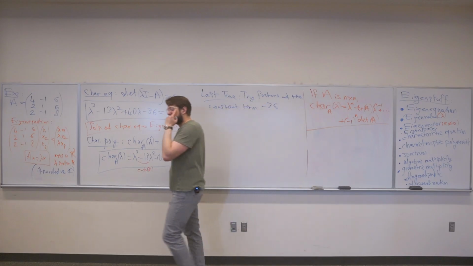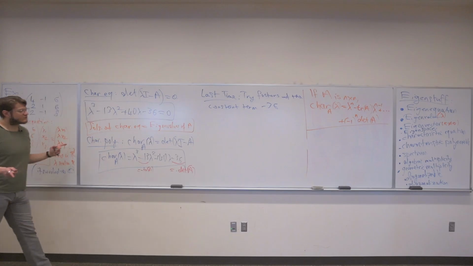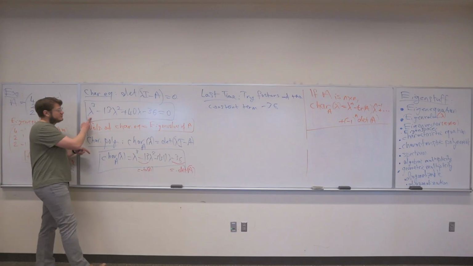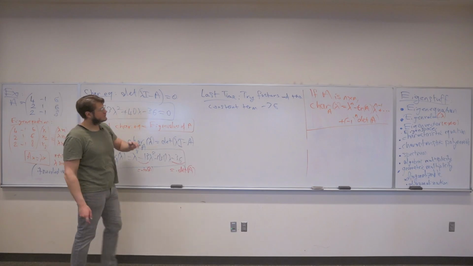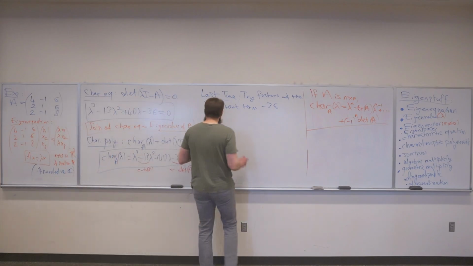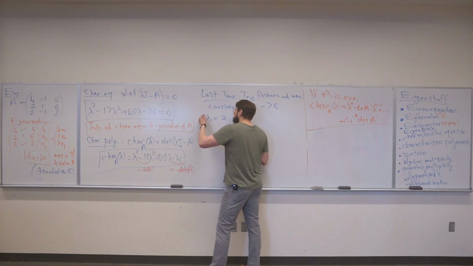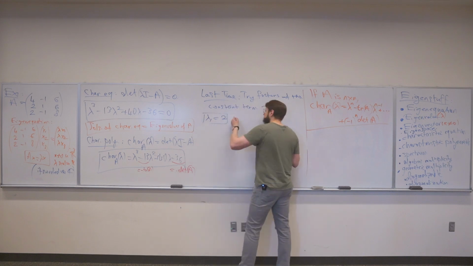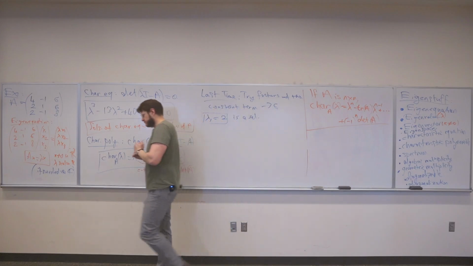By experimentation, we figured out one value that works. In this case, what we found was lambda 1 equals 2 is a 0. So 8 minus 52 plus 80 minus 36, we just computed that to be 0. So we found lambda 1 equals 2 is a solution, is an eigenvalue. Same thing.